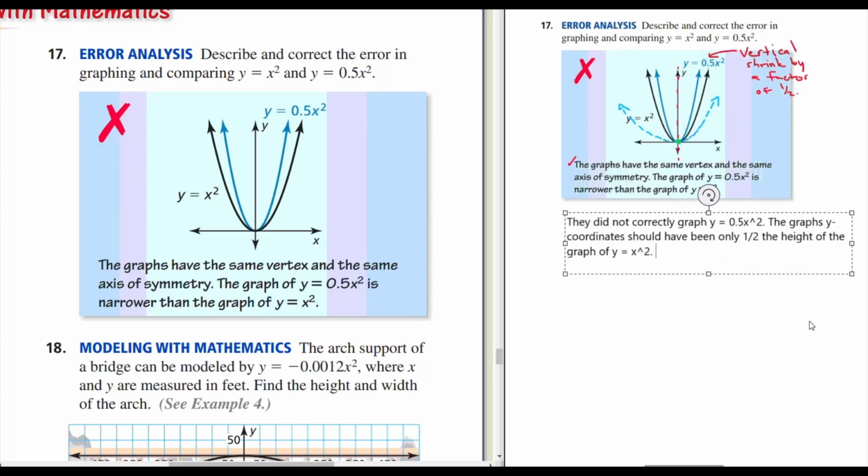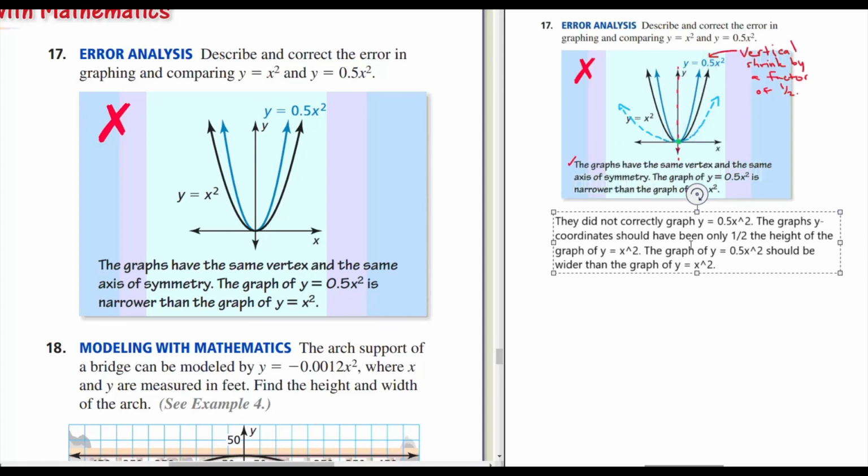Ultimately, this would mean that the blue graph should have been wider, so the graph of y equals 0.5x squared should be wider than the graph of y equals x squared. And I know a lot of you looked in the back of the textbook at that one because a lot of your answers mirror the answer in the back of the book. It's an odd problem. I don't necessarily blame you, but please make sure you are trying to think through these on your own. But that's my explanation.